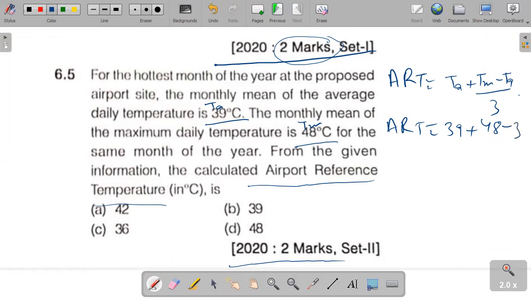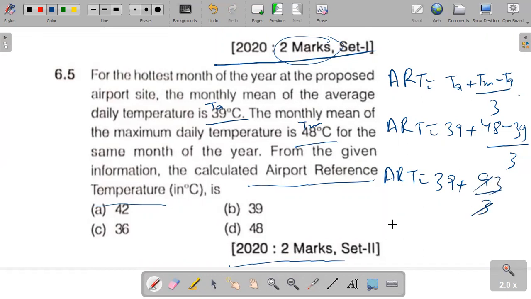So ART is equal to 39 plus (48 minus 39, that is 9) by 3.